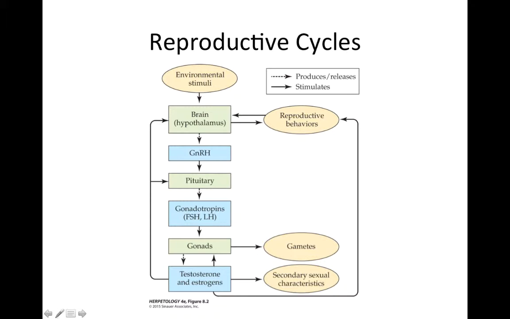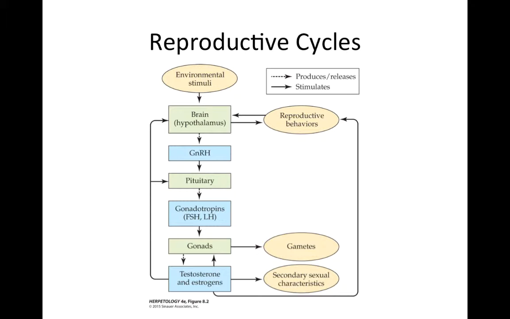And so there are various feedbacks. Things happening in the gonads can feed back on the brain and the pituitary in ways that govern their release of hormones. And so reproductive cycles are governed by a variety of different organs, usually having to do with the nervous system and the gonads.